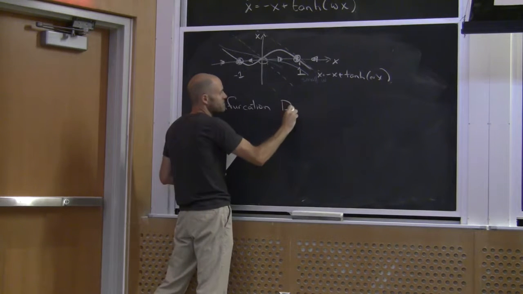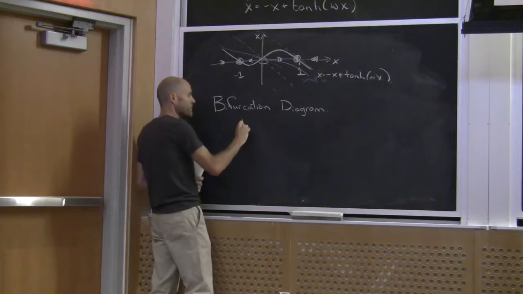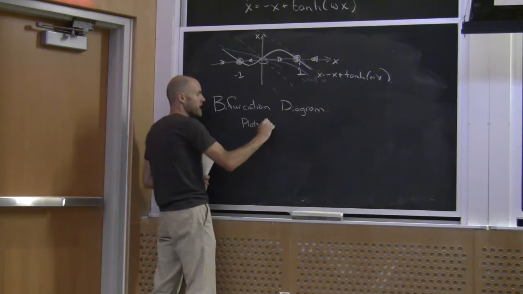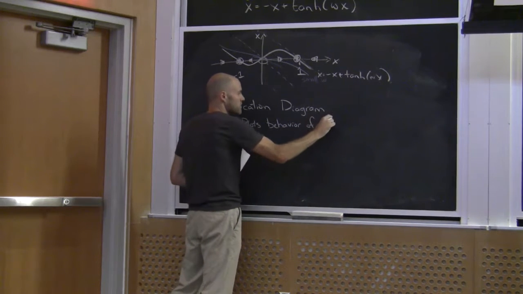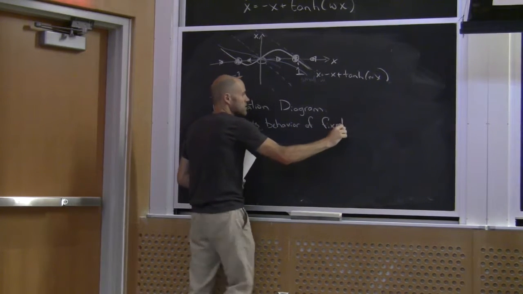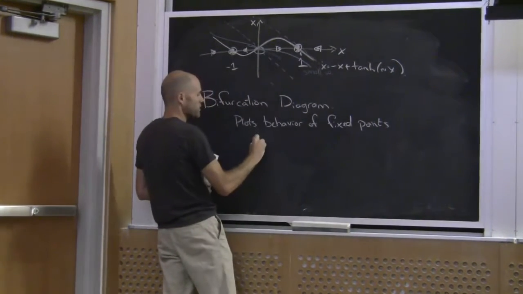I'm going to draw a bifurcation diagram. It plots behavior of fixed points as I change a parameter.